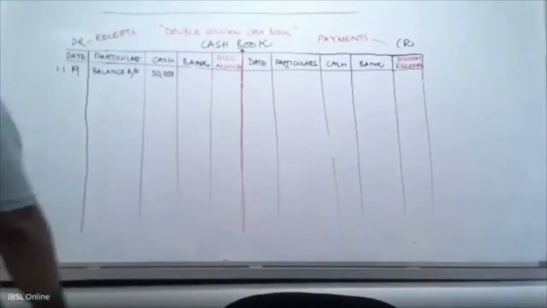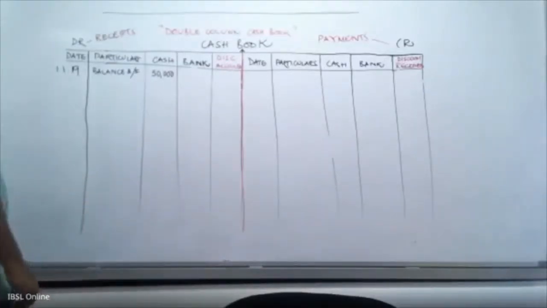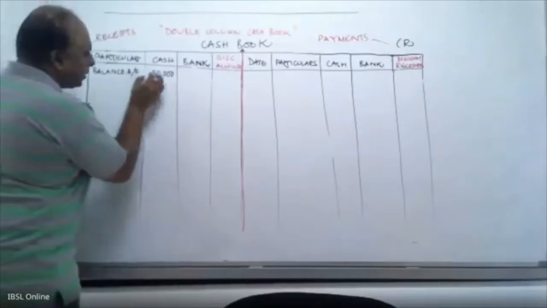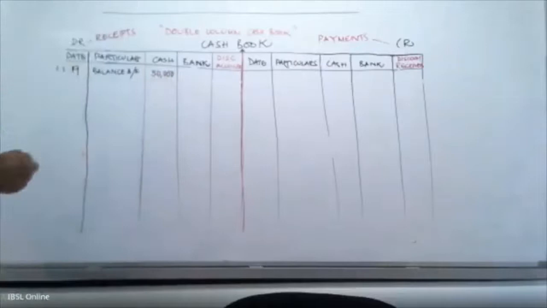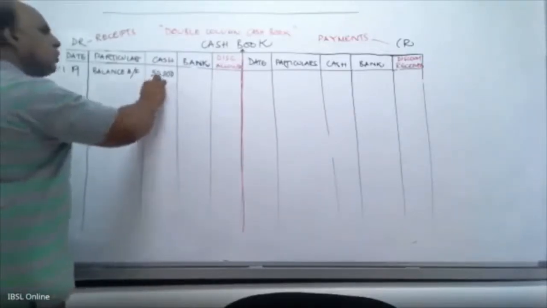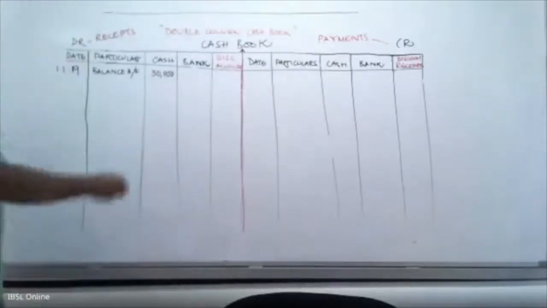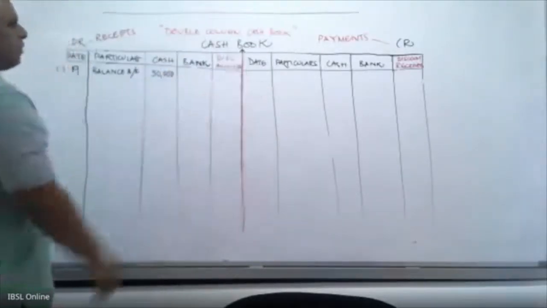And then they are going to open a bank account. So they are going to take 50,000, out of which 30,000 is going to be taken now. That is what they say. And they are going to go and deposit that 30,000 in their bank account. Now the question here is 30,000 is going to go out from your cash.